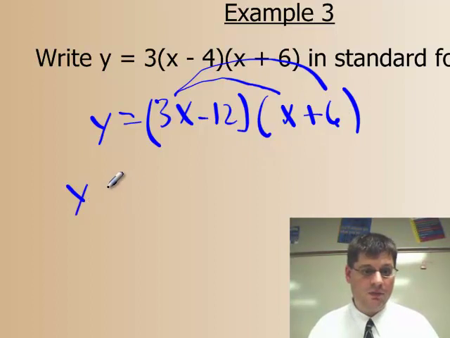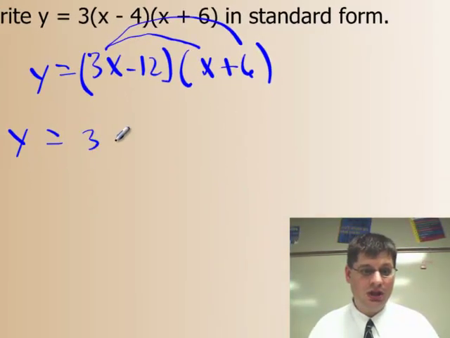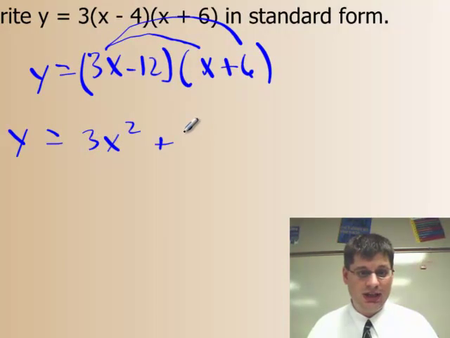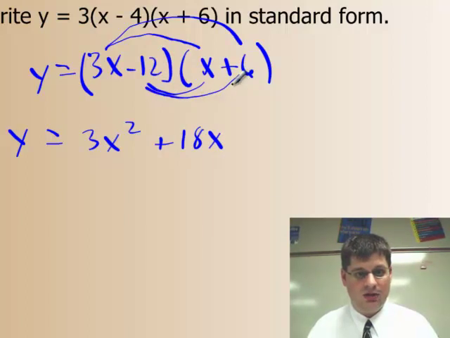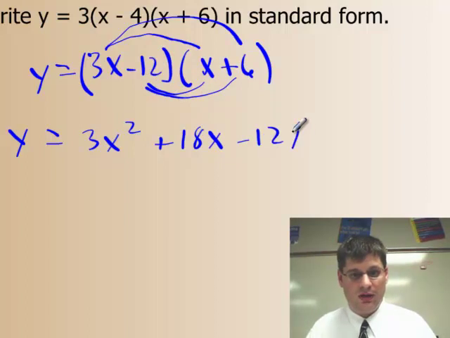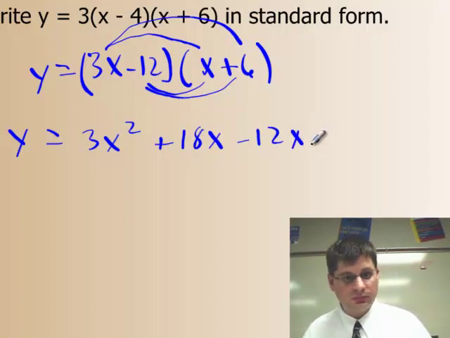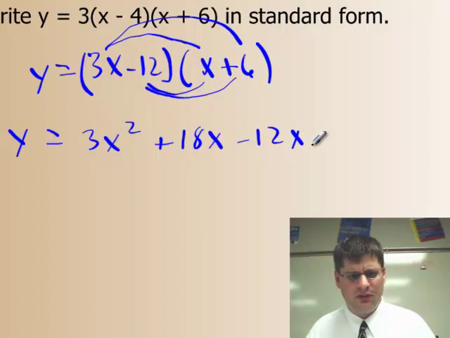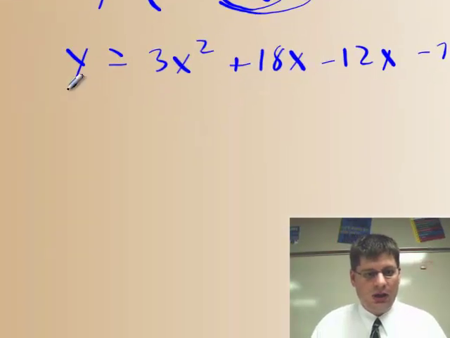So we have y equals 3x squared plus 18x. And then we take the negative 12 and we distribute that to both terms. So negative 12x, and let's see, it's going to give me negative 72.